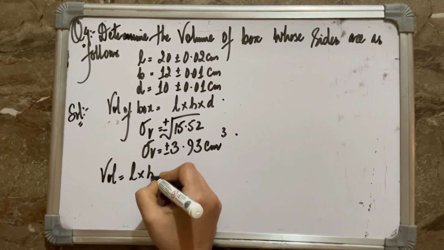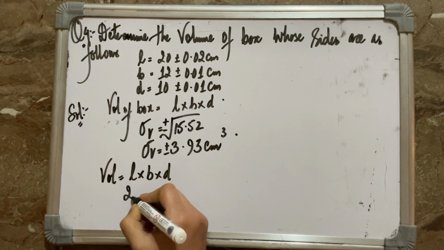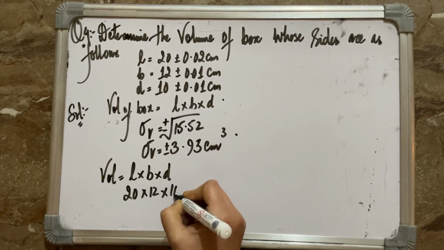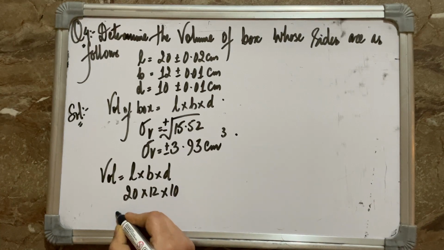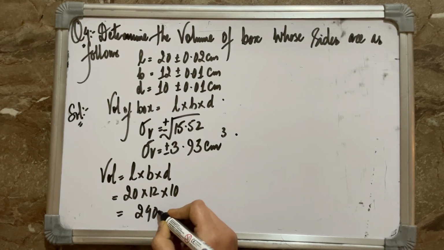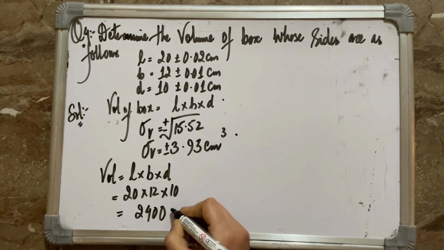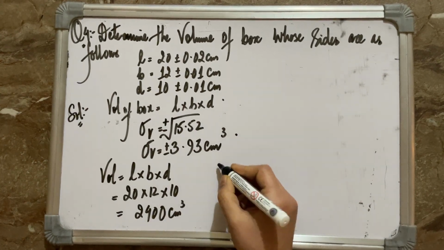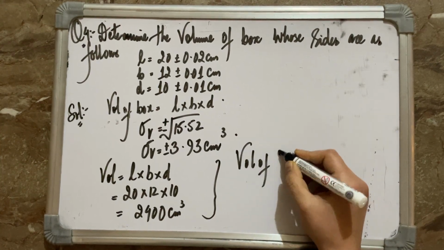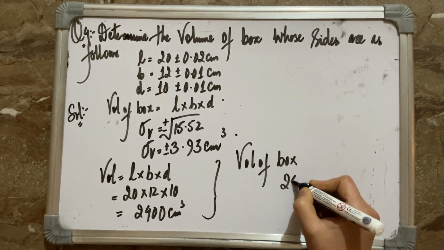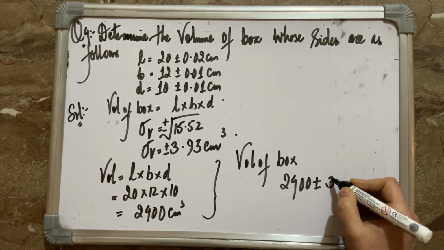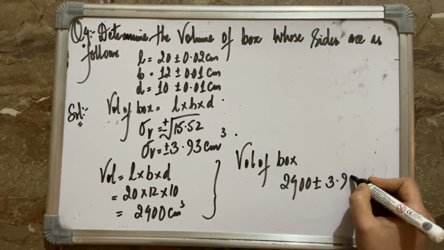L into B into D, that is 20 into 12 into 10, that is equal to 2400 centimeter cube. So I may write the volume of this box is 2400 plus minus 3.93 centimeter cube.